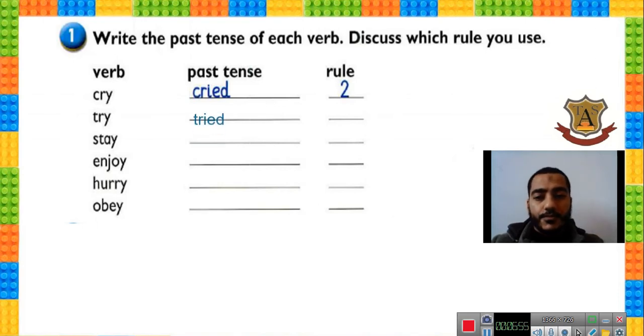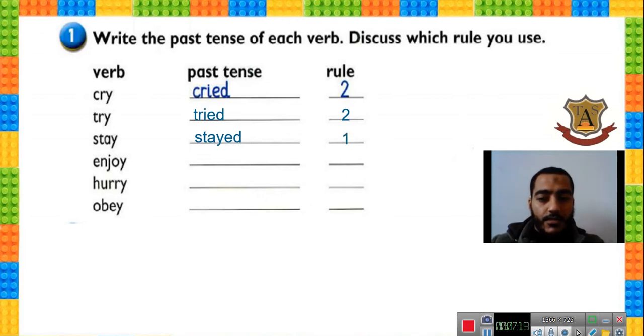Very good. Stay. It ends with Y and before Y is a vowel, not consonant now. So do we change Y to I? No, we just add ED. So which rule is it? Rule number 1. Amazing.